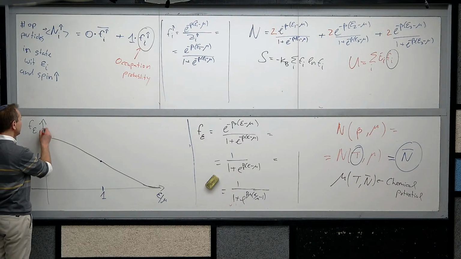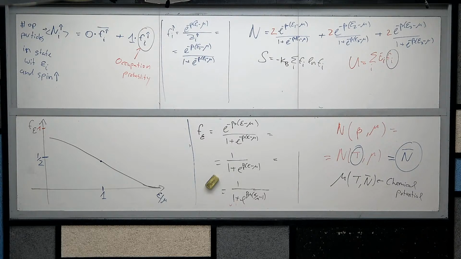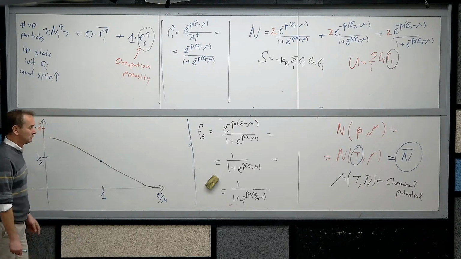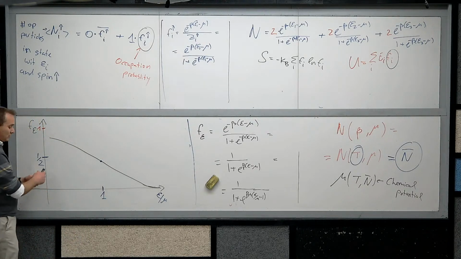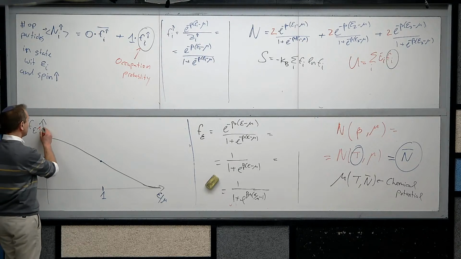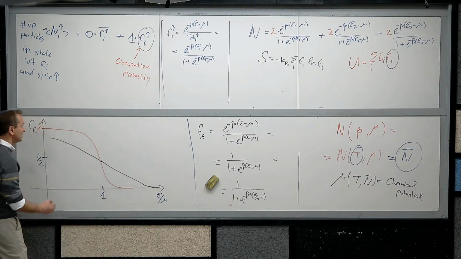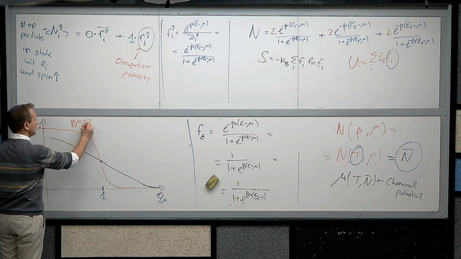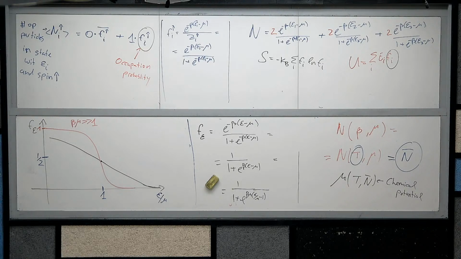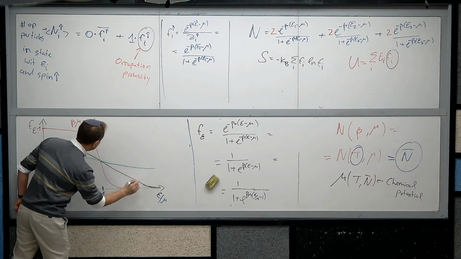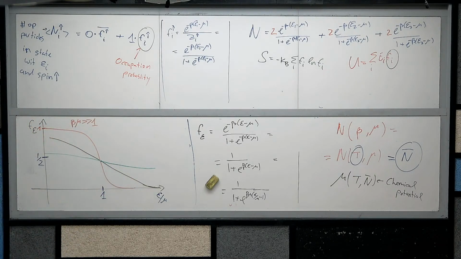So what we have is, we have 1 over here, and beta mu is a very large number. We're going to have something that looks like this. Okay. And if beta mu is a small number, we're going to have something which is almost flat.